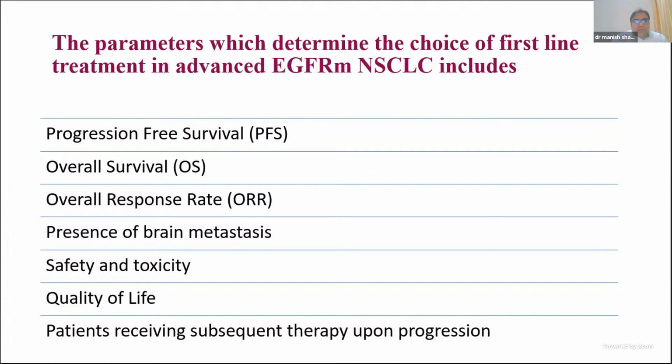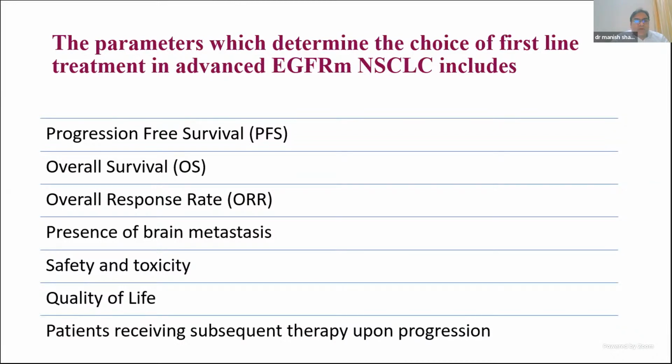These are the parameters which determine the choice of first-line therapy: progression-free survival and obviously OS, which is very, very important. Then sometimes we need earlier responses, so overall response rates are very important. Then the presence of brain metastasis.